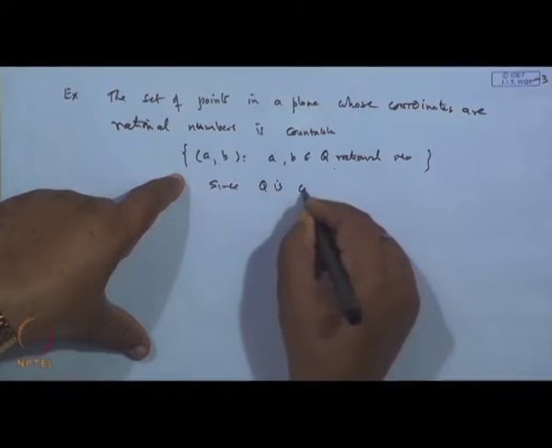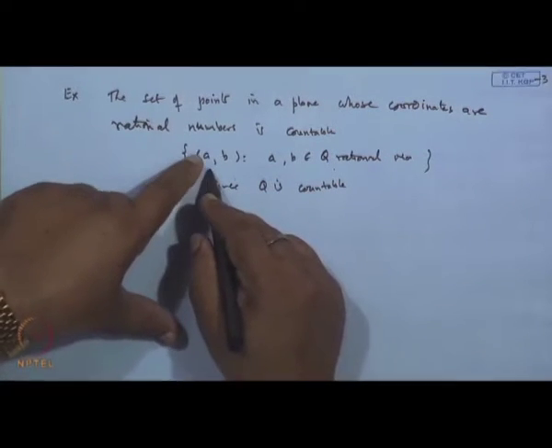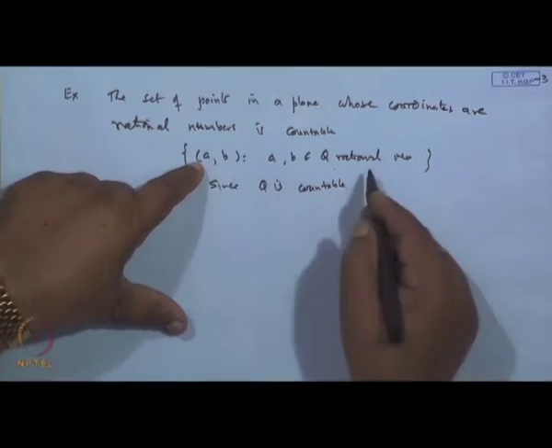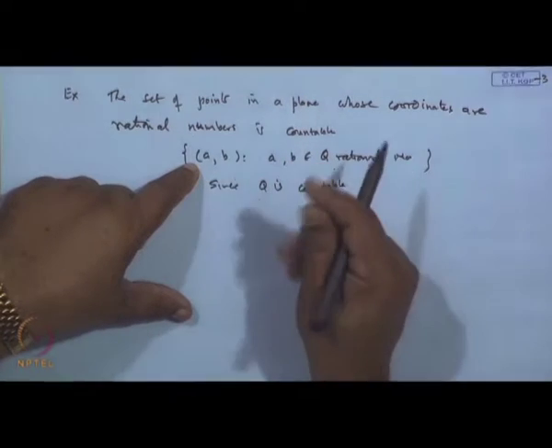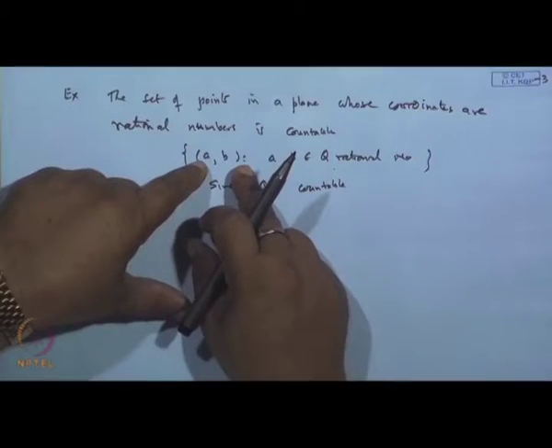Q is a countable set, and this set is an ordered pair whose elements are countable. Then according to the result which we have seen, that if S1, S2, ..., Sn are countable, then the countable union of the countable sets is countable, and accordingly we can say if there are n-tuples, each coordinate belongs to a set which is countable, then that collection of the n-tuples will also be countable.